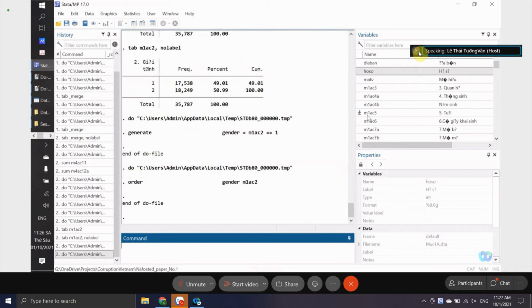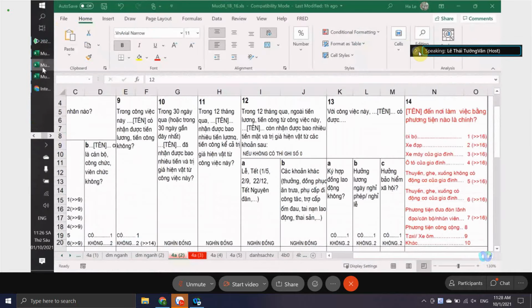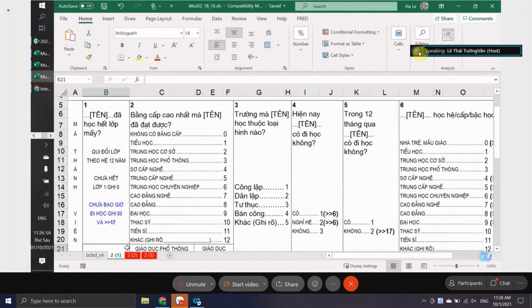Now the variable on education is question 2A. We only care about their highest education degree, right? Highest education degree.